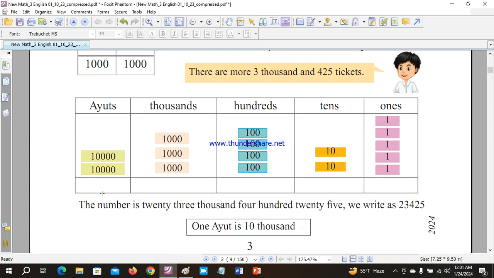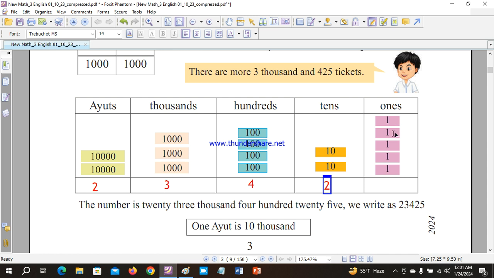Let's write here in the blank. 1 and 2, two 10,000s are Ojut. And here 1, 2, 3, three thousands. And here 1, 2, 3, 4, four hundreds. And here 1, 2, two tens.